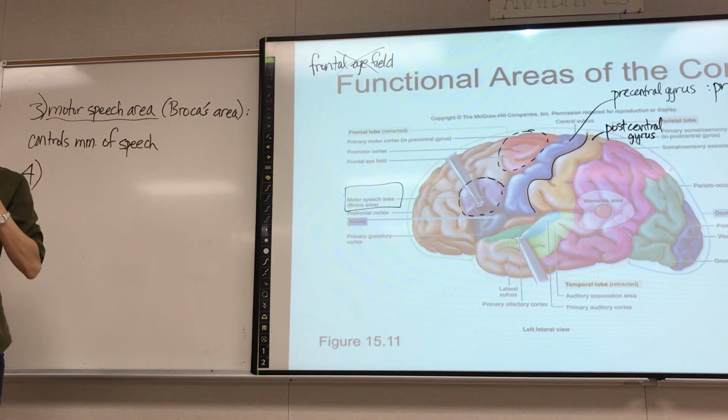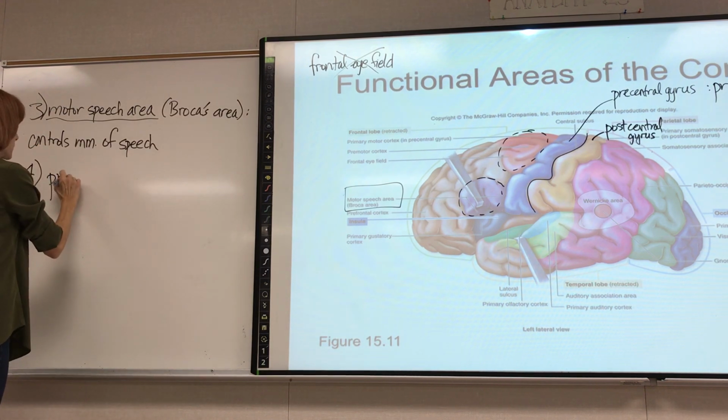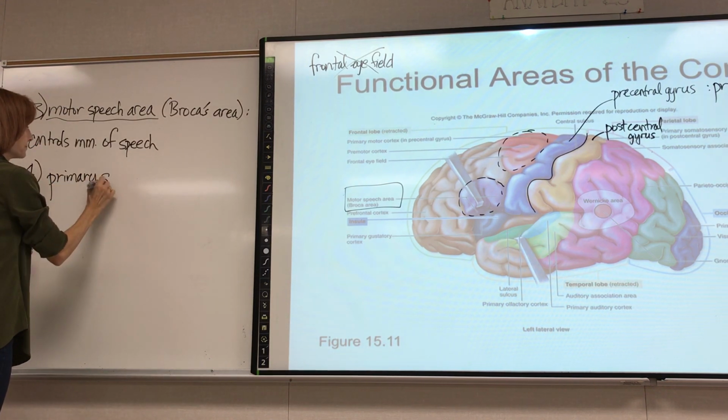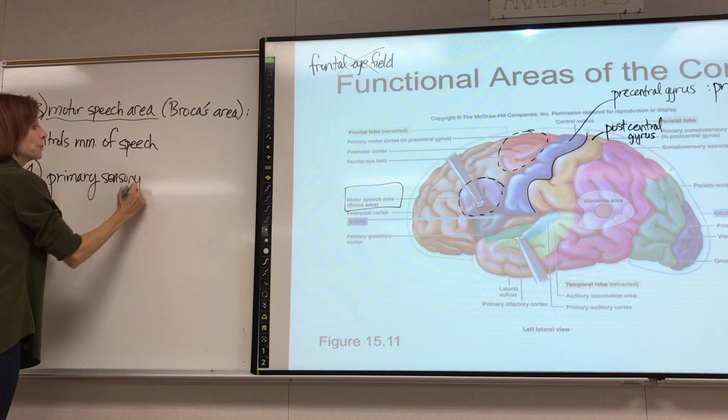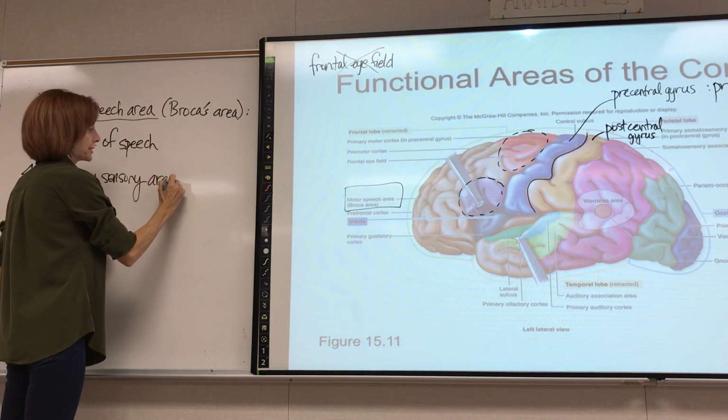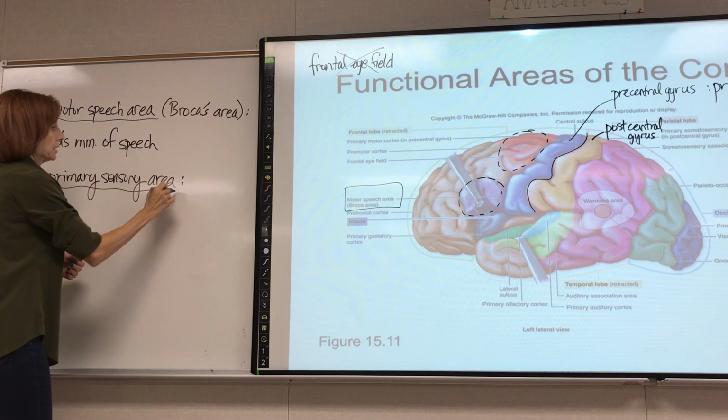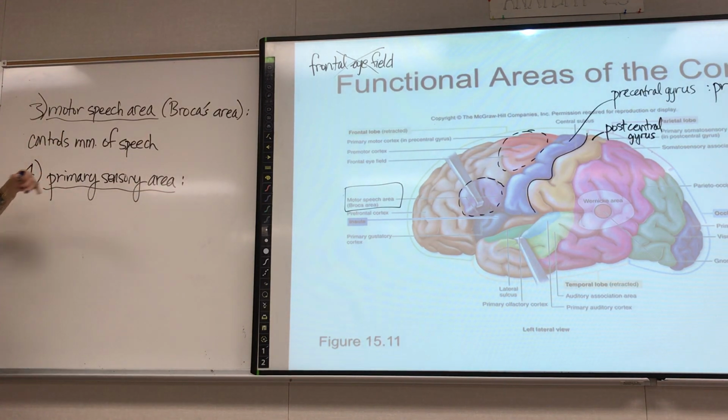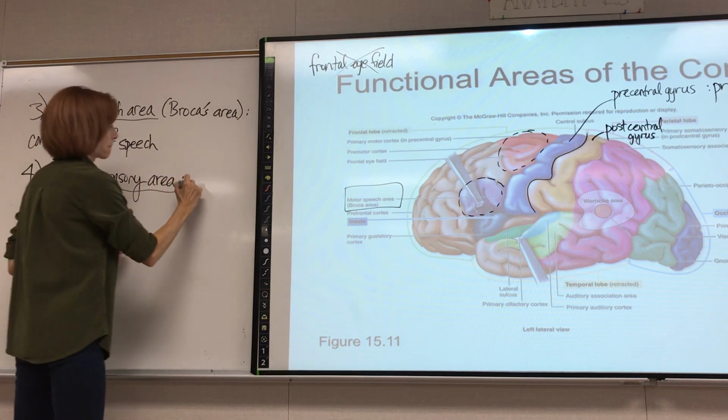It's the area that receives sensory information from most of the body. Okay, primary sensory. You can also say somatosensory, but just sensory is fine. Again, primary areas are in communication with the body. So this is the area that receives all of this sensory information coming in from the body.